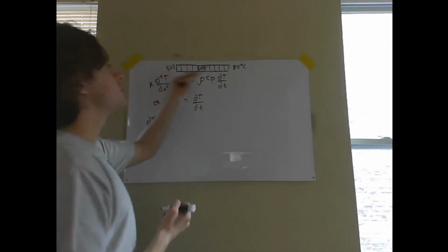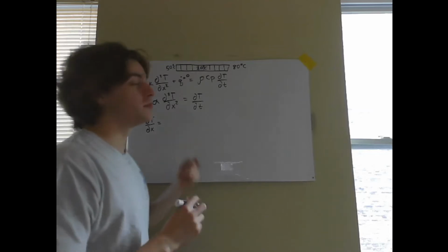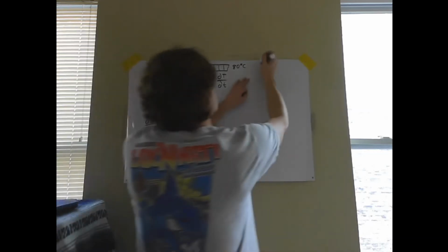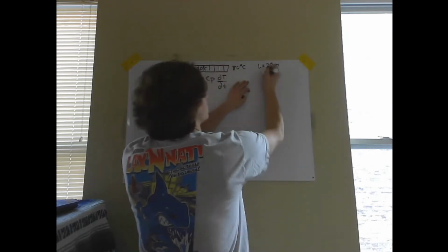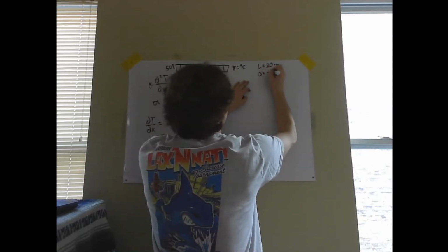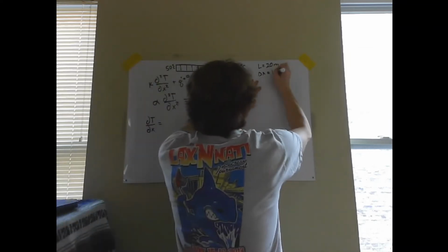And so we have a bunch of different increments in the block. And I believe the length of the bar in this problem is 20 meters. And we'll have increments of delta x. And for this problem, we'll set delta x equal to 1 meter.